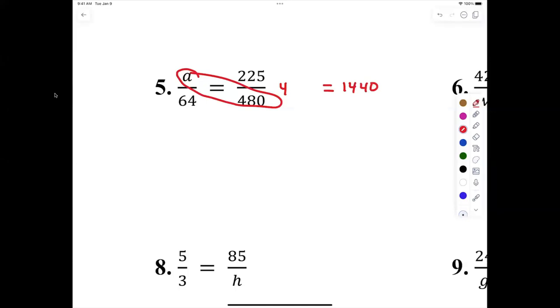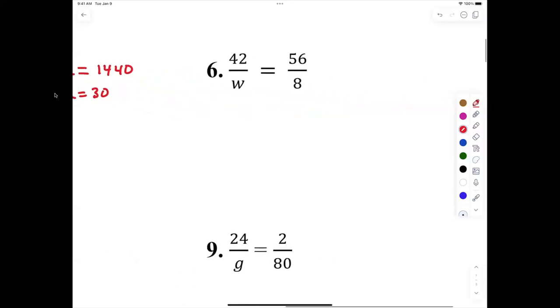Just read me the number and the letter. 480 times A. Everybody has to write 480A equals 1440. You understand that that's on your paper, right? If you don't have the cross products, I'm not accepting it. You're not allowed to just write the answer. So now, what's the final answer? A is equal to what? Anybody else get 30?